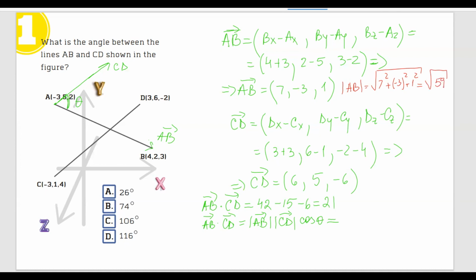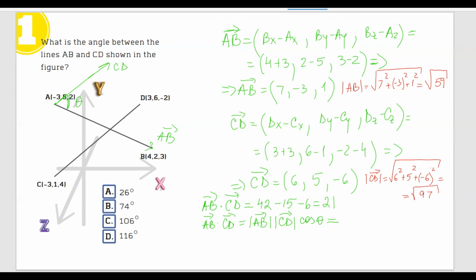And now the magnitude of vector CD is equal to the square root of 6 squared plus 5 squared plus minus 6 squared, and this is going to give me square root of 97.